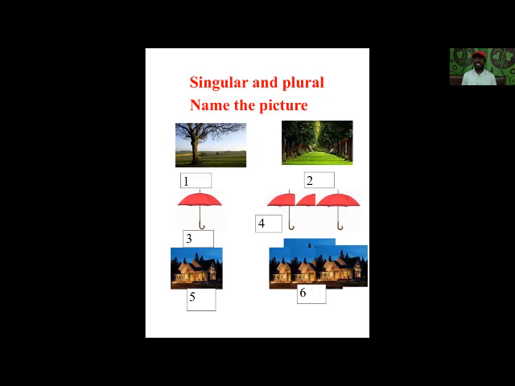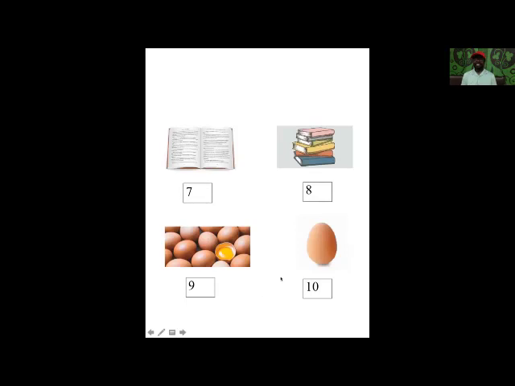Get your book and start writing. Number 3, number 4, number 5, and number 6. Remember to begin a sentence with a capital letter and you end it with a full stop. Try. Write in your book 1, 2, 3, 4, 5, and 6. 7, 8, 9, and 10. Write the sentences in your book. Remember, on Friday, I'll be waiting for you here to mark your books.